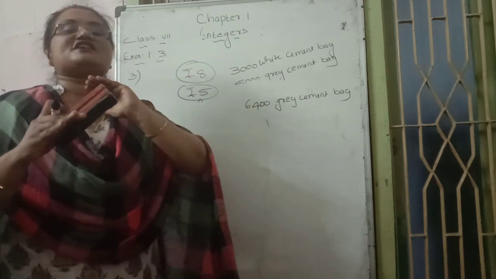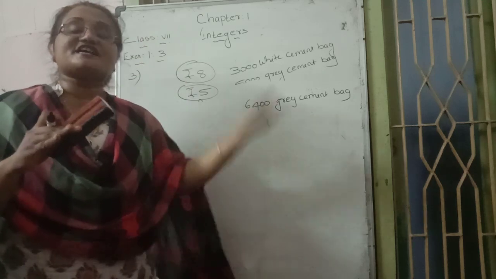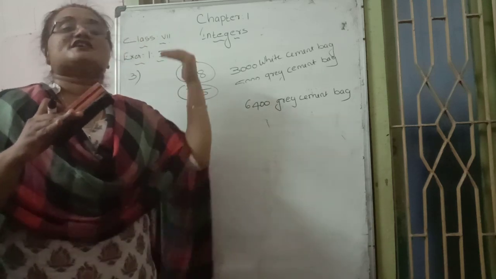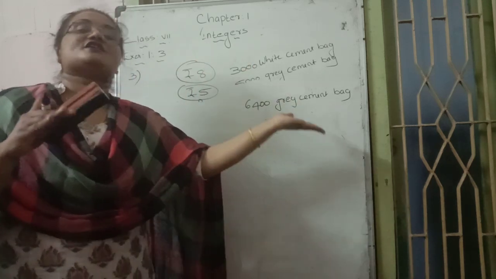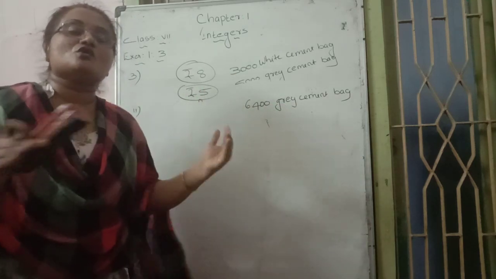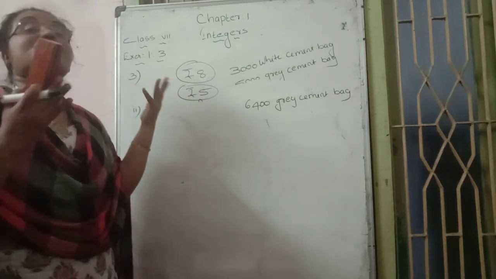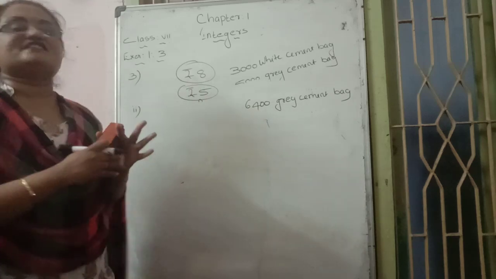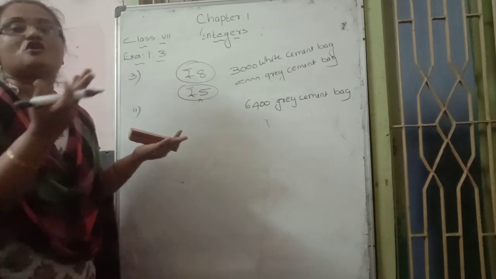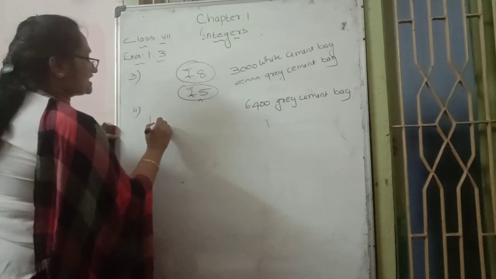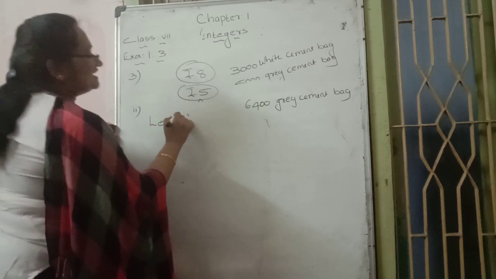For managing that loss, how many white cement bags must they sell so that there is no loss and no profit? They are asking for the number of white cement bags in the second case. We don't know how many, so we can consider it as x.